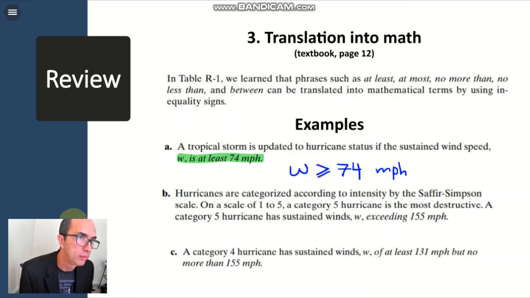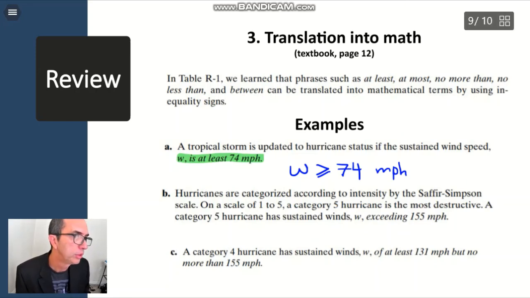Next one, letter B. Hurricanes are categorized according to intensity by the Saffir-Simpson scale. On a scale of 1 to 5, a category 5 hurricane is the most destructive. A category 5 hurricane has sustained winds W exceeding 155 miles per hour.